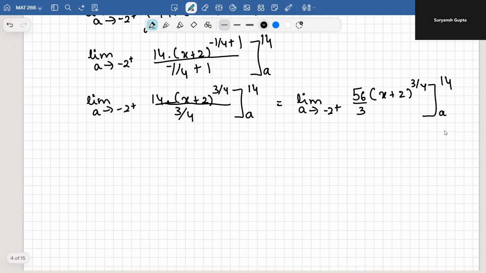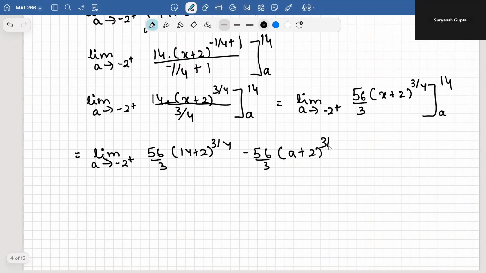Now I can plug my bounds in, and I end up getting the limit as a tends to negative 2 of 56 by 3 times (14 plus 2) to the power 3 by 4, minus 56 by 3 times (a plus 2) to the power 3 by 4.